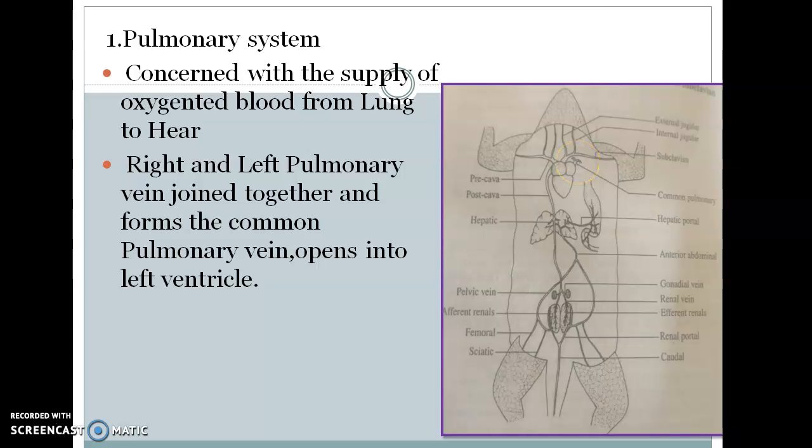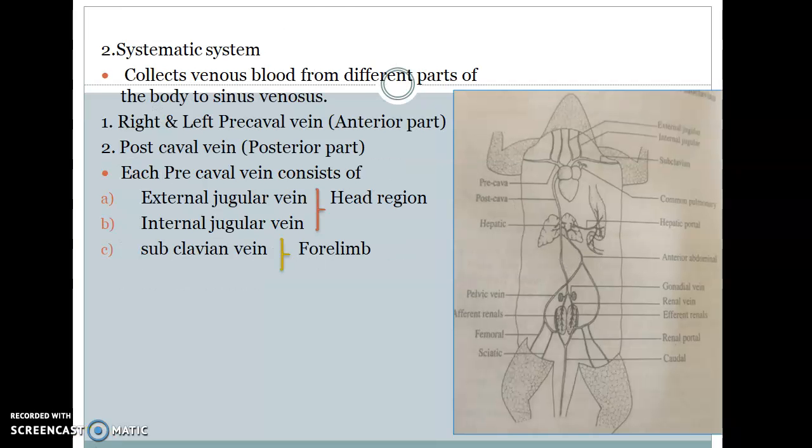These two pulmonary veins originating from the lungs unite and form a common pulmonary vein, which opens into the left part of the ventricle, supplying oxygenated blood from the lungs. So this constitutes the pulmonary system of the venous system.